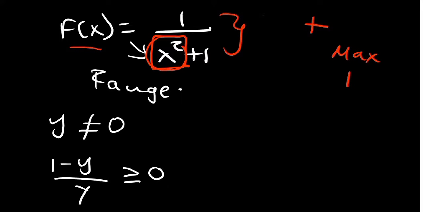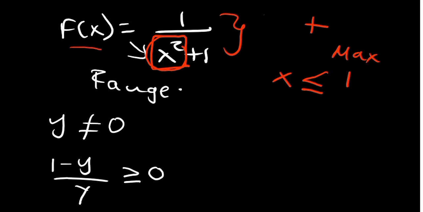Again, we don't expect to have negative numbers. So y is less than or equal to 1. But then, what is the minimum value that we expect? Do we expect to have 0 in this case? There is no possibility of having a 0 unless we add x on top.